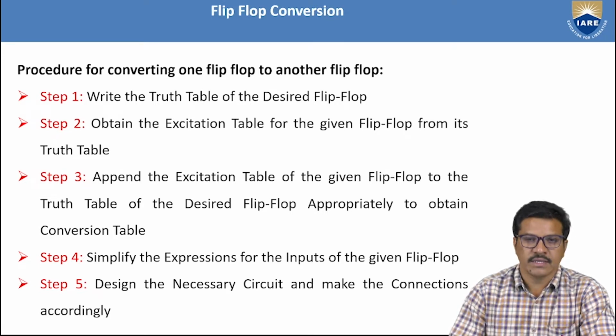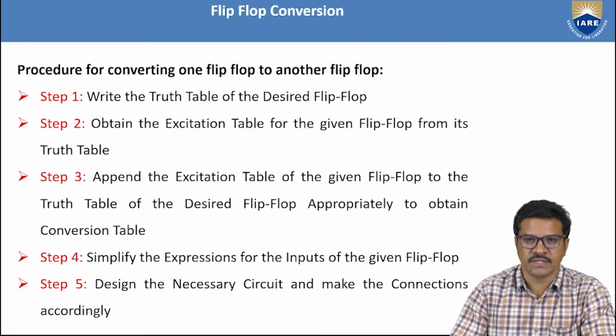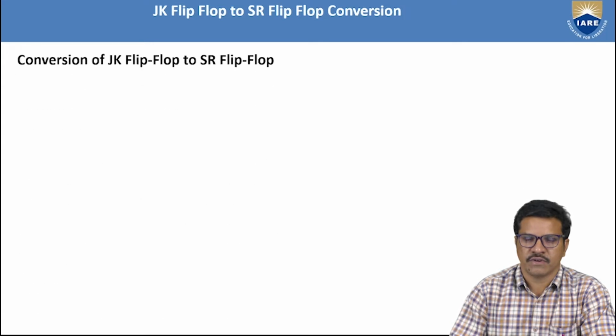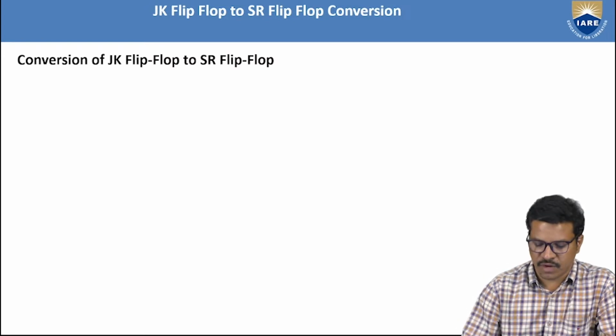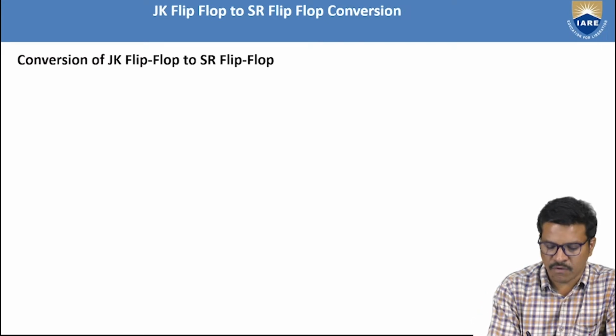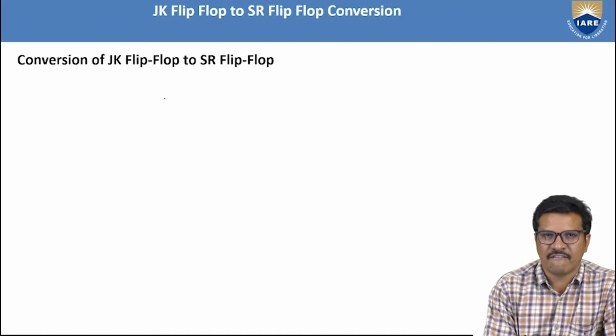So let us see one by one. If you take any conversion and follow these 5 steps, we can achieve the conversion from one flip-flop to another. Let us take the JK flip-flop to SR flip-flop conversion. Which one is the given flip-flop and which one is the desired flip-flop?